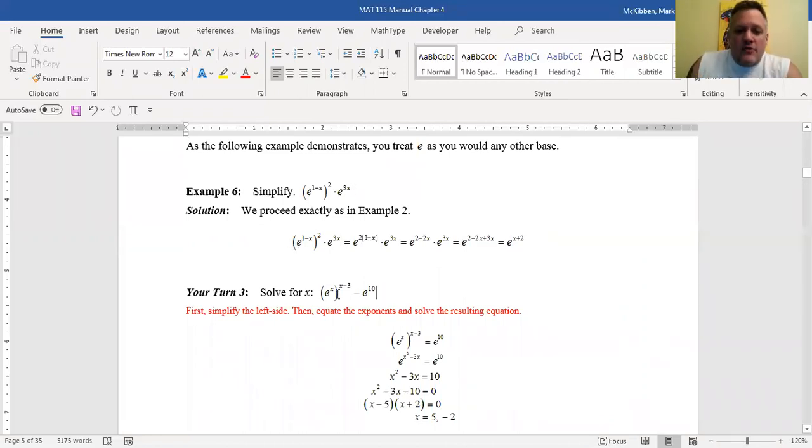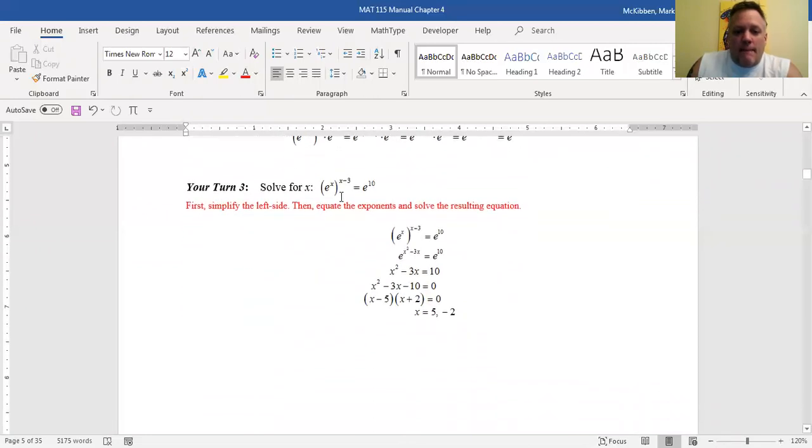All right, for this guy, let's actually just walk through this one together. You have an equation of the form e to the x to something equals e to the 10th. What I'm going to, again, attempt to do is rewrite each side as powers of the same base. And so here, I'm going to rewrite this guy using a power to a power rule. I'm going to multiply those powers. Right?